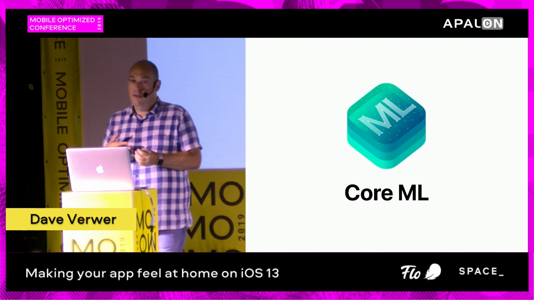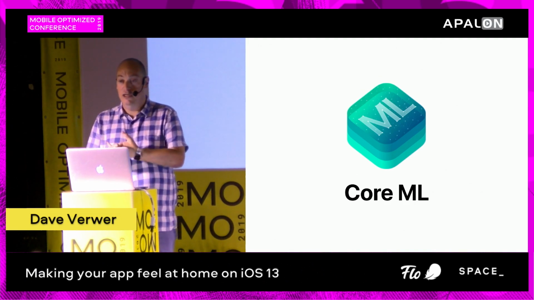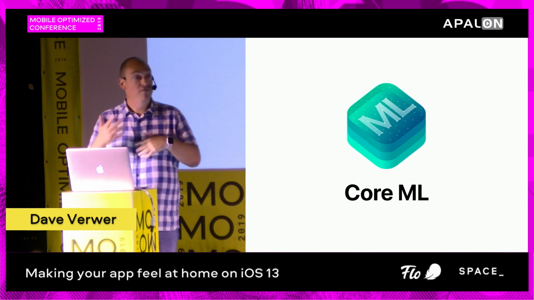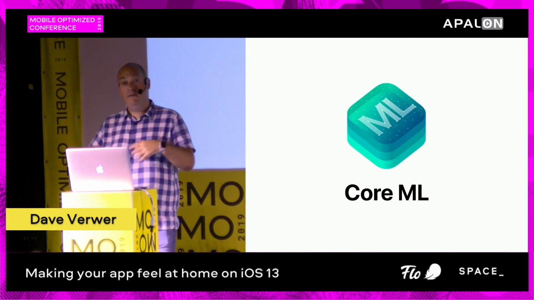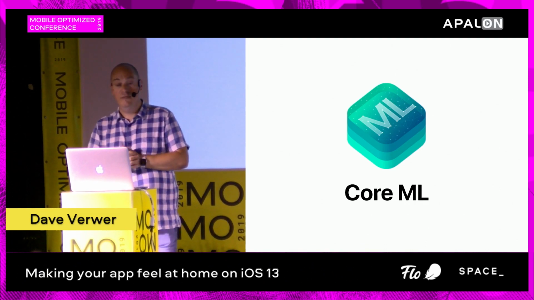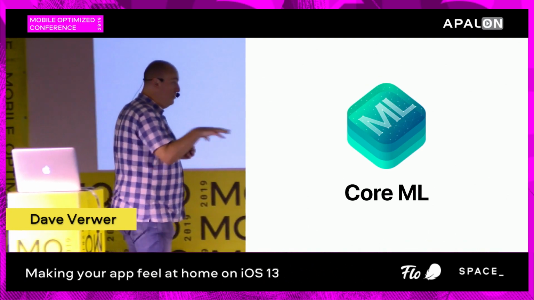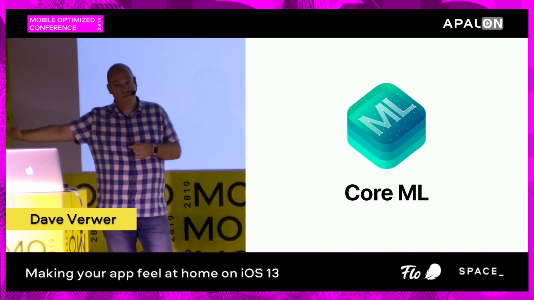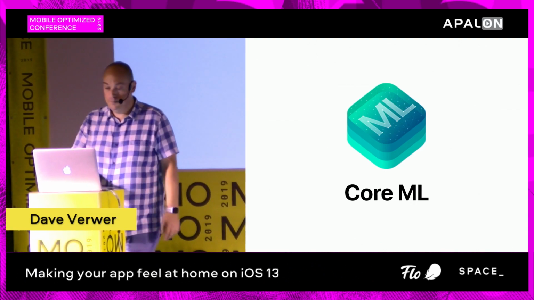There are also APIs in iOS 13 for optical character recognition. So maybe if you're dealing with pictures of text, maybe you're converting those to real text in the background, and maybe that then becomes indexable in your search or something like that. Again, a lot of this is about looking at the new APIs every year and looking at how Apple are using them, and then bringing that to your own applications.